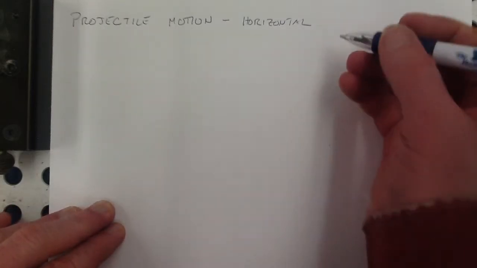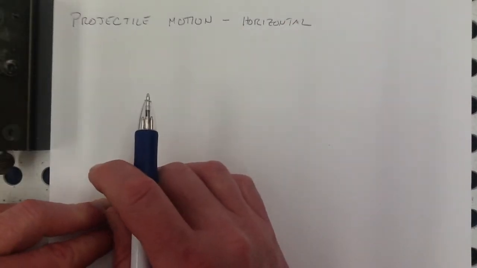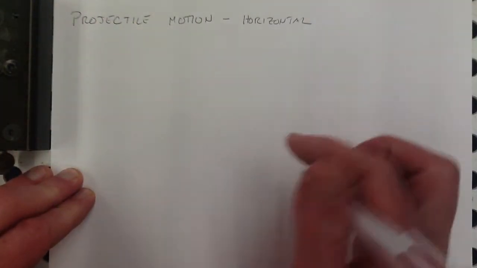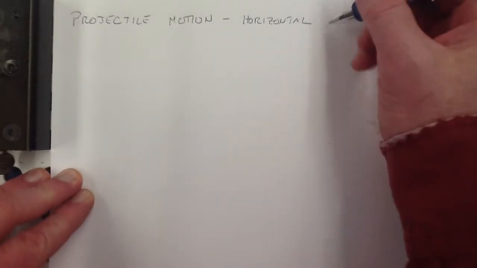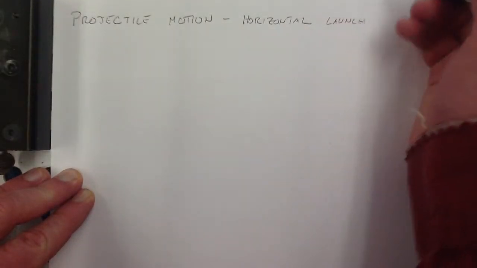Or if you hit a baseball with a baseball bat and it initially came out totally horizontal. That's the kind of projectile motion we're going to start with because it's a little easier. So I'm going to call that a horizontal launch.